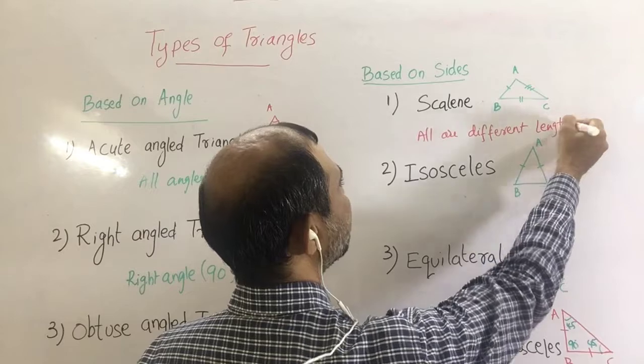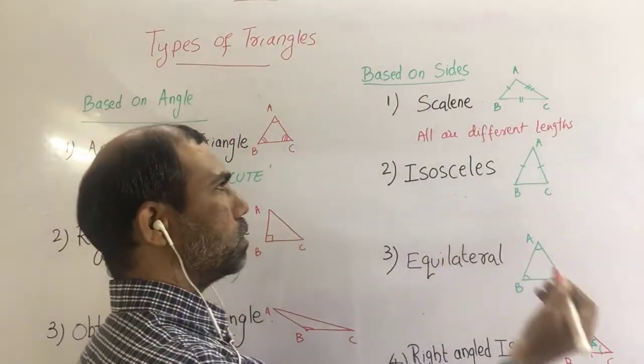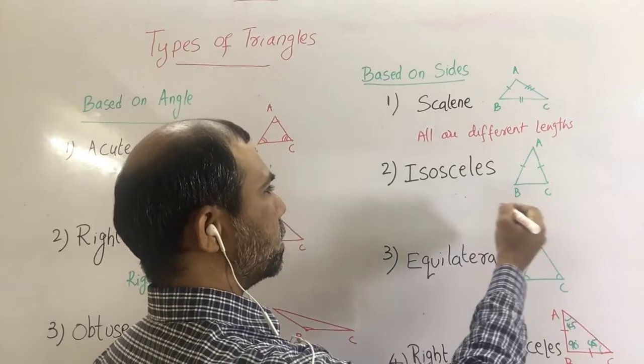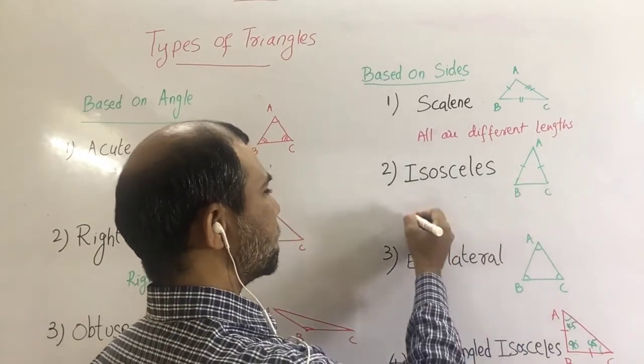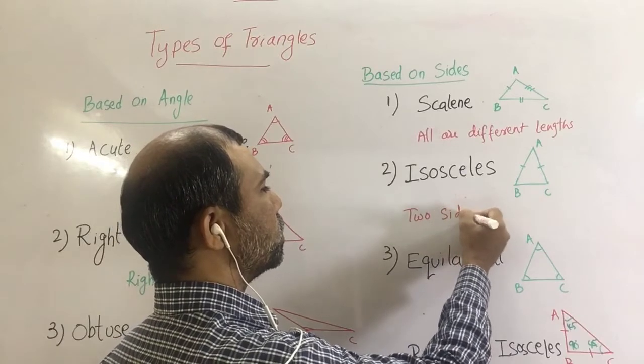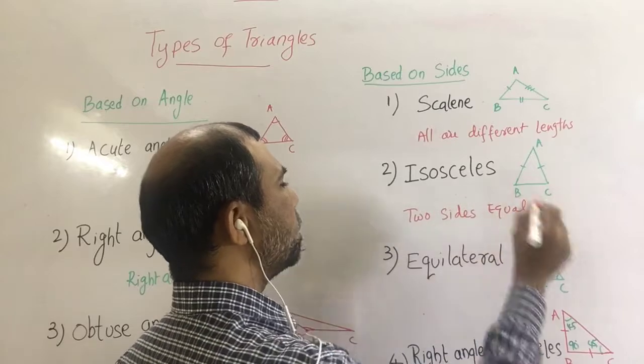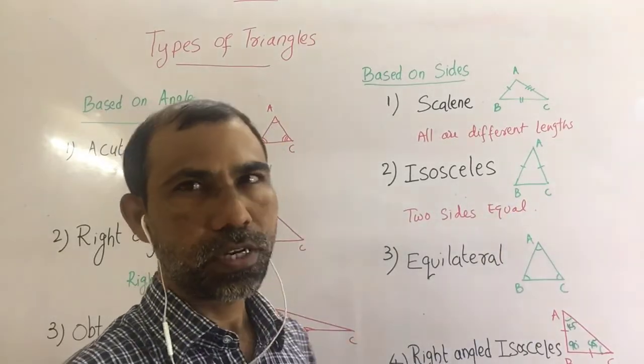If a triangle contains two equal sides, then it is an isosceles triangle.